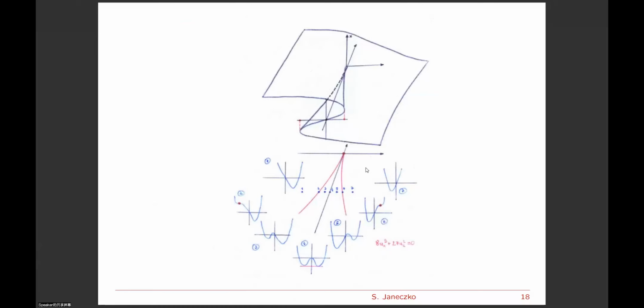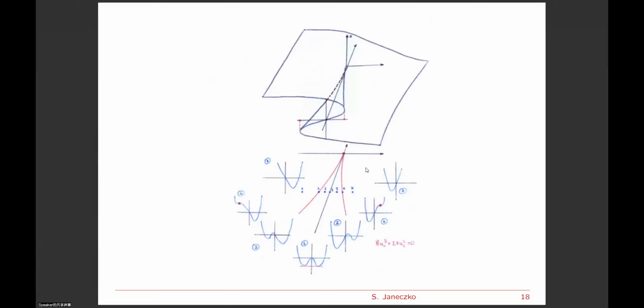But if you consider this function, which is the cusp, f on x, u1, u2 equals x to the power 4 plus u1 x squared plus u2 x. Then first you calculate f prime on x, u equals 0.